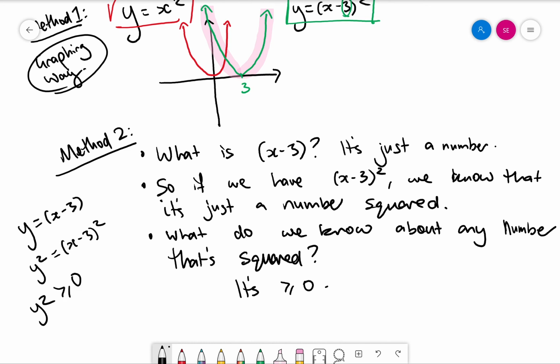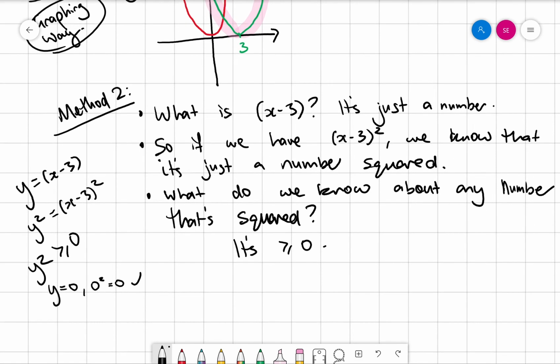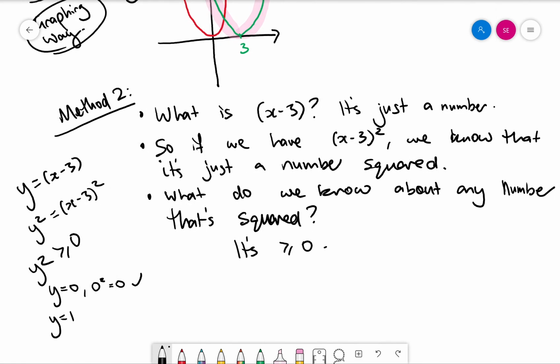If y is equal to 0, 0 squared is 0. That satisfies this. If y is equal to 1, 1 squared is greater than 0. Minus 1 squared is greater than 0. So any number squared is greater than or equal to 0. So x minus 3 is no different.